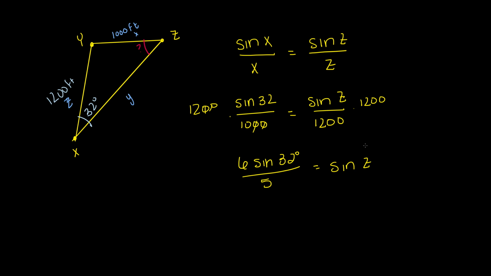All right, so now I want z to be on its own, so I'm going to undo the function by taking the inverse sine, the inverse of sine.